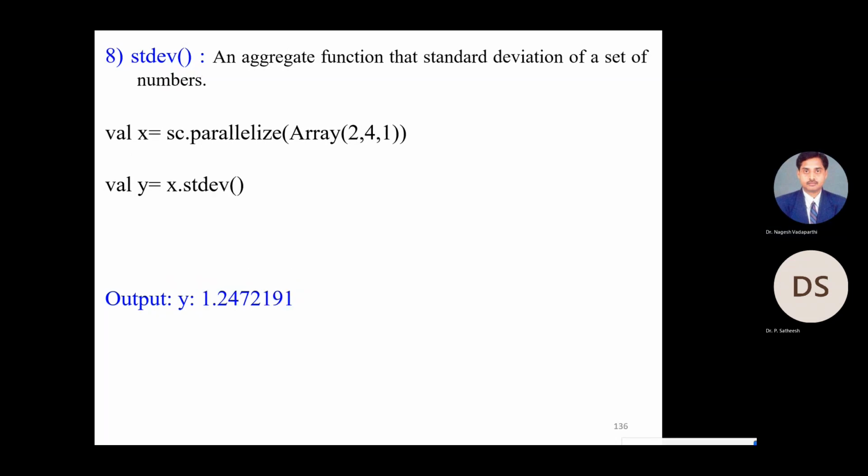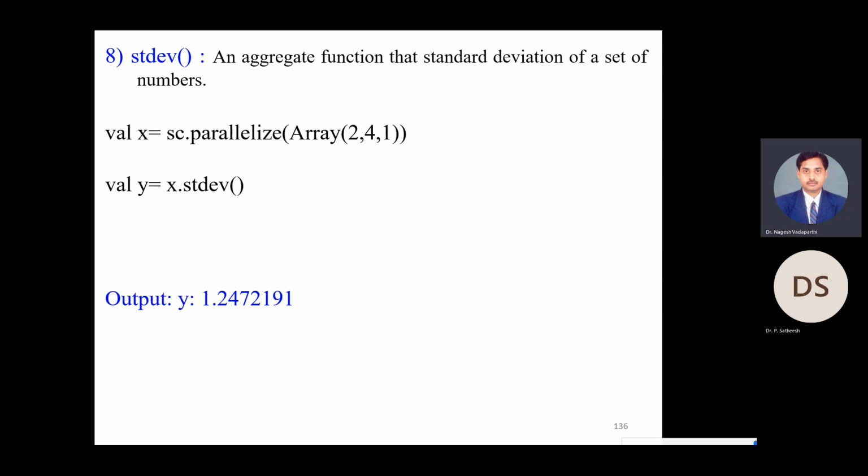Next, standard deviation. An aggregate function that computes the standard deviation of a set of numbers. We know how to compute standard deviation mathematically. Now I'm taking x as the input, value x is equal to sc.parallelize(Array(2, 4, 1)).